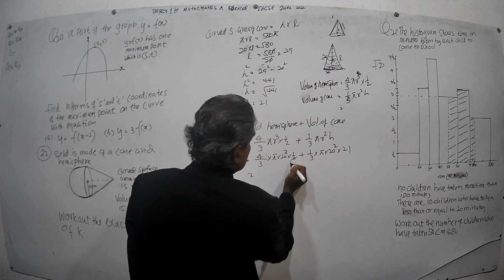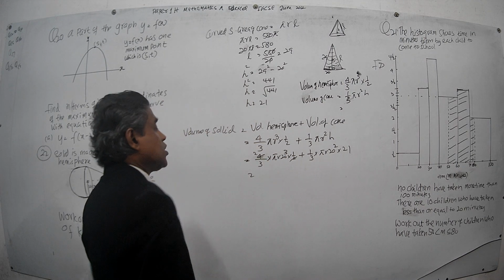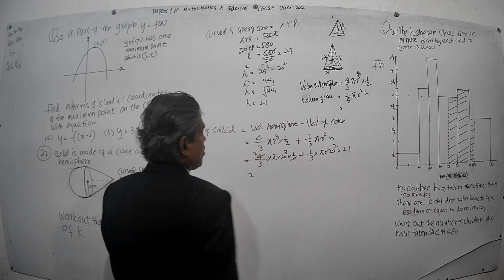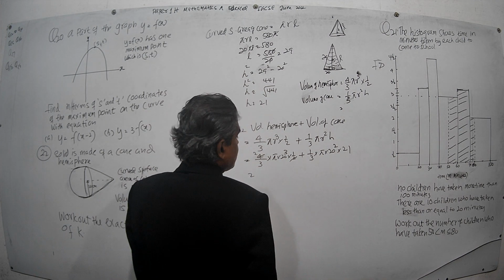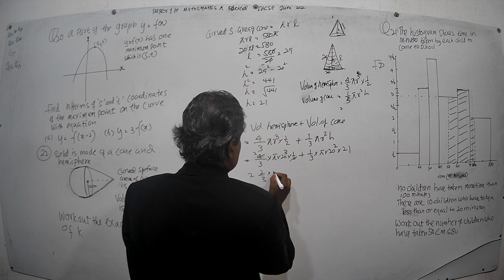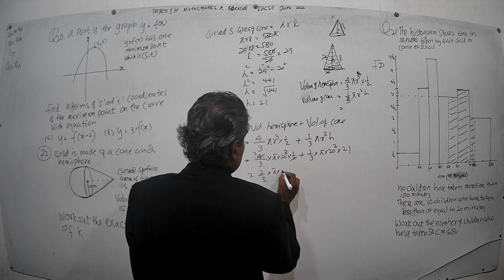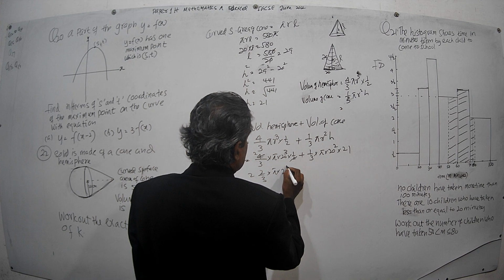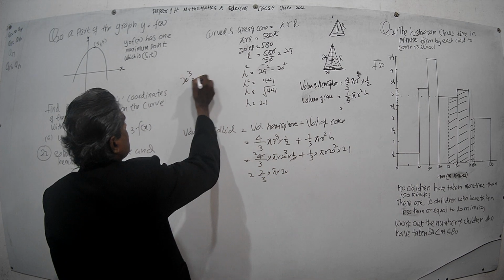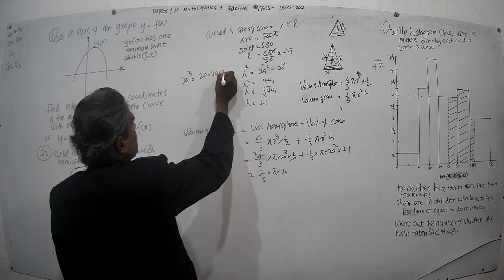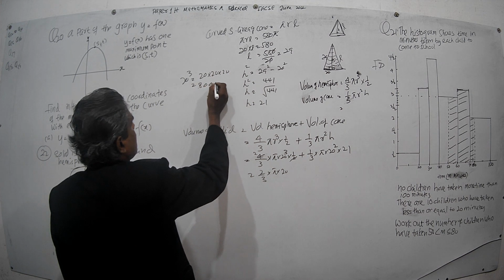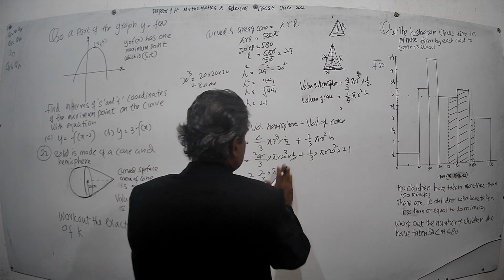Now we can cancel this 2 and this 2, 4 becomes 2. So we have 2 over 3 into pi into 20 cube. 20 cube means 20 into 20 into 20, which is 8,000.